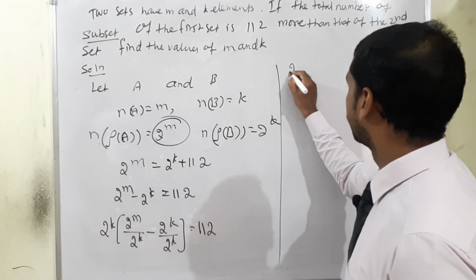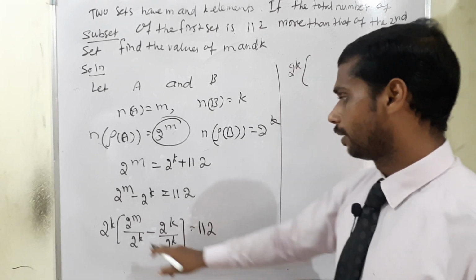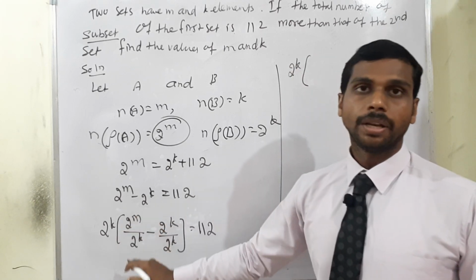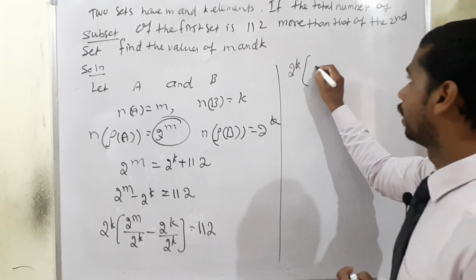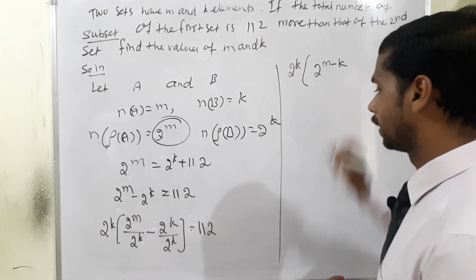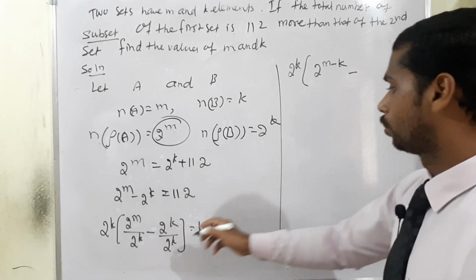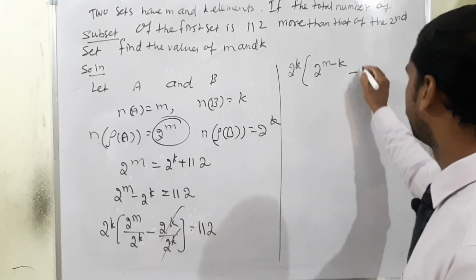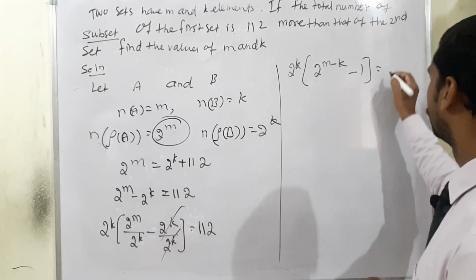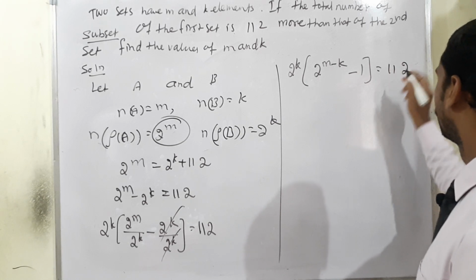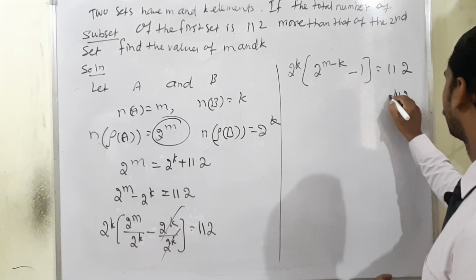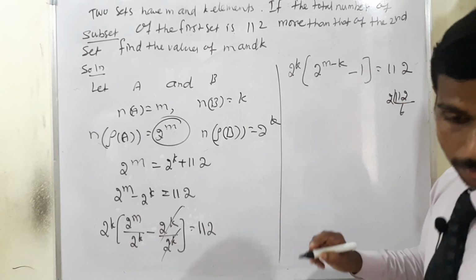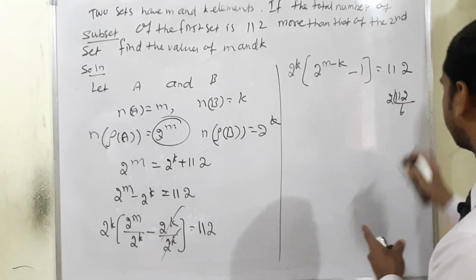So 2 power k as it is, then inside, by the law of indices, a power m divided by a power n means we can write a to the power m minus n. Therefore, we can write 2 power m minus k, then 2 power k cancels, minus 1, is equal to 112. How to rearrange 112? So 112 two times means 56, isn't it?